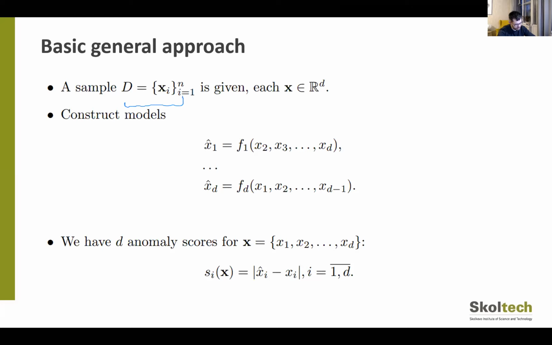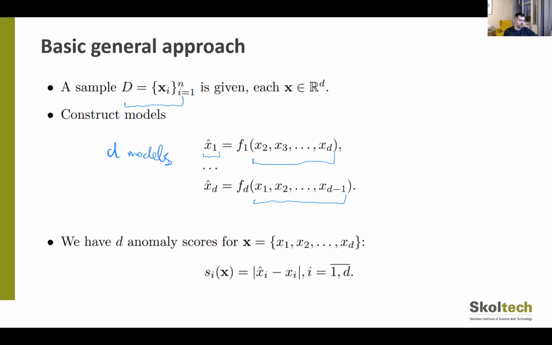The first model tries to reconstruct x1 from observations of all other features. x_d hat is a similar model that depends on the first d-1 features. So we have these d models that we can construct within our data, because we just identify one feature as the target and try to predict it using a regression approach.